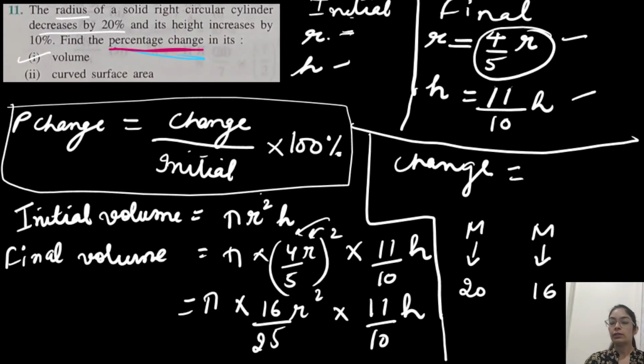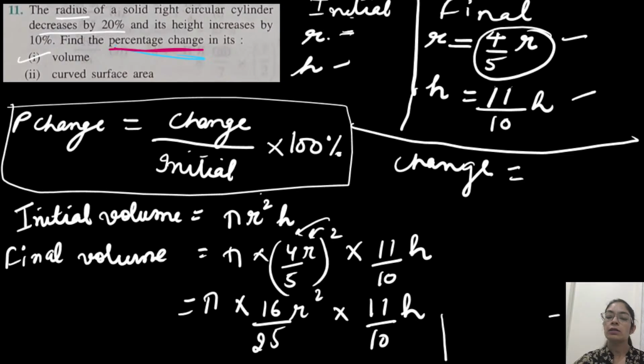Your marks changed from 20 to 16, so there is a change of minus 4, because your marks are reduced: 16 minus 20 is minus 4. So whenever we find change, we subtract: final minus initial value.